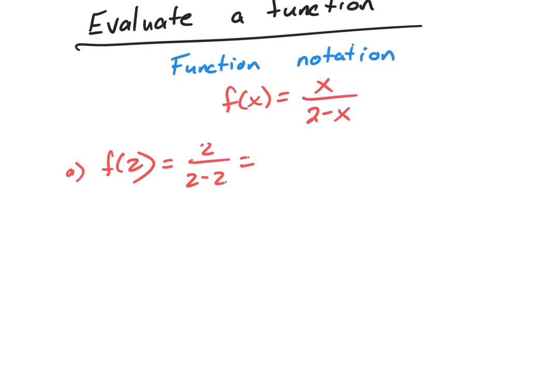So when I do that, now we're going to simplify or evaluate this. On the bottom, 2 minus 2 is 0. This is why it's probably not the best one to start with. But what happens when I have 0 on the bottom? Try putting it in the calculator. We would think it would be 0, but watch what happens. Take 2 divided by 0 in your calculator.